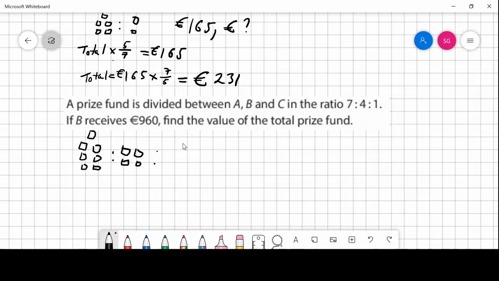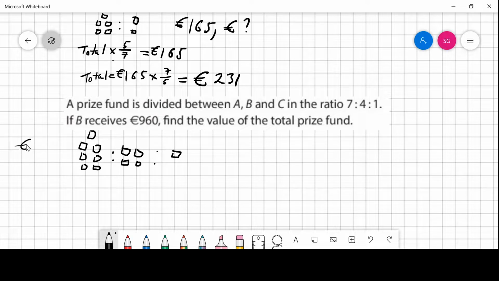But now we've got a third ratio, and this is perfectly fine. You can still divide things up in a ratio like this. All it's saying is that it's now being divided into 3 groups rather than 2, but you still add all the values together to get the total. So 7 plus 4 plus 1, that will be 12.